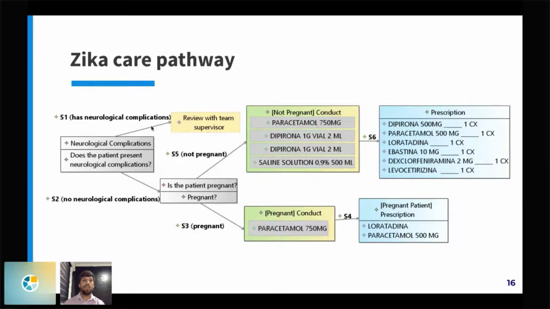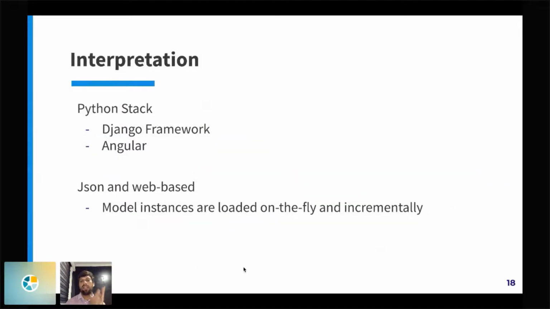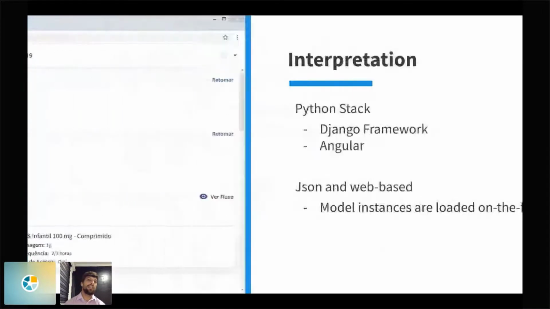We wanted to have only this information, and then a reference to the next step depending on what the doctor chooses. So we separate the model in many different JSONs, and they are loaded on the fly and incrementally. So we have a very nice experience.